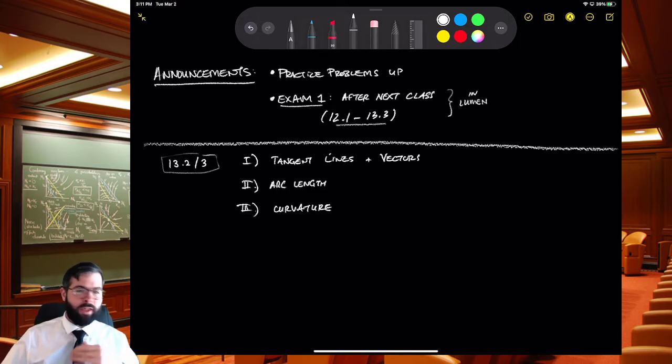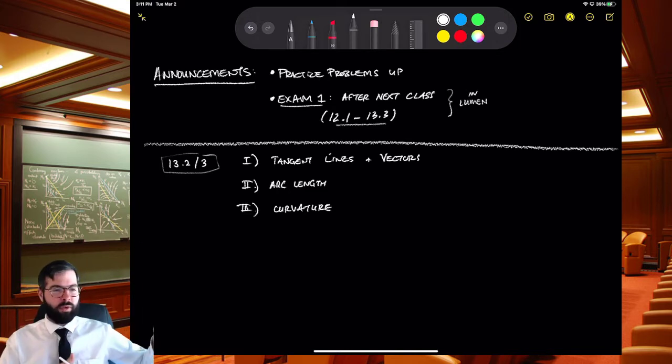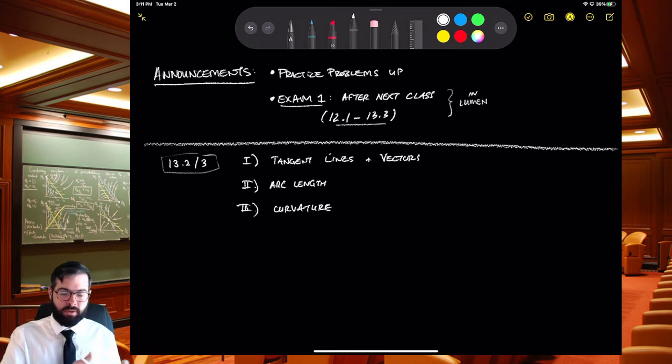So then when we're talking about things like the rate of change with respect to the curve, now we're talking about the distance on the curve instead of some parameter t, which may or may not hold any value for us. And then curvature, again, a big idea tied to arc length, will tell us more and more about these relationships. Curvature is really just the failure of a curve to be linear.